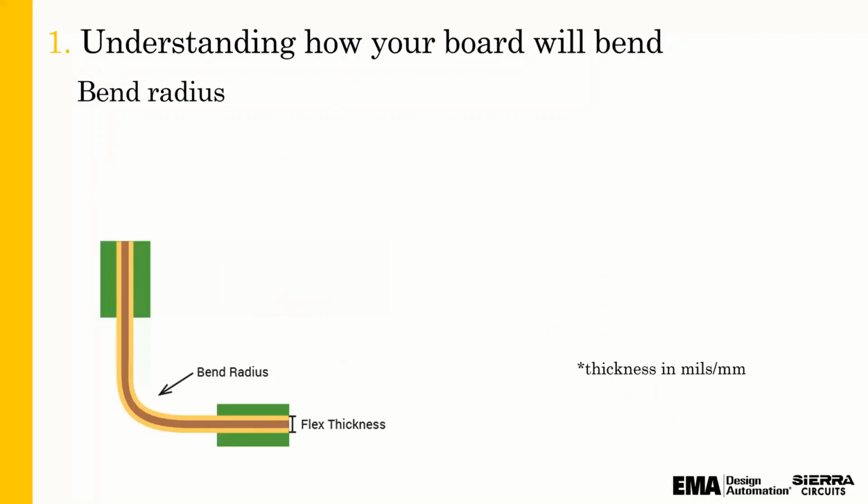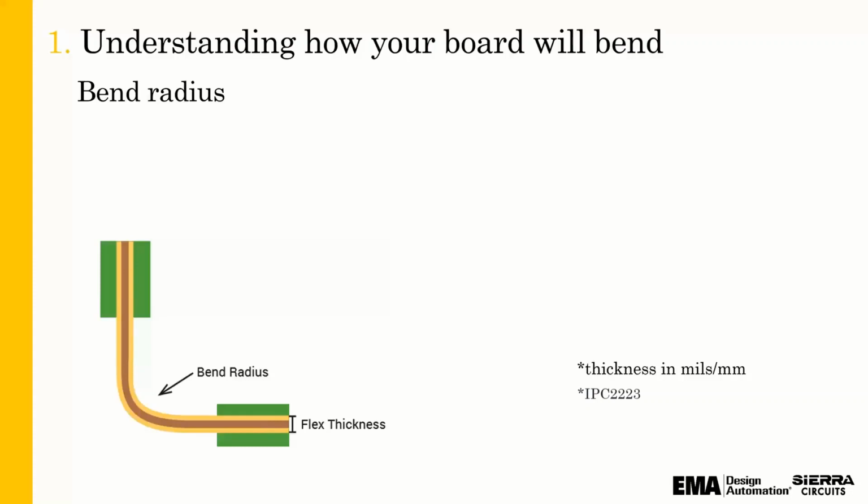So for a bend radius, it's basically the minimum amount of bend that you can deal with. So you want to make sure that you understand how many copper layers you have in your flex region that would then have to bend. So that's a super important point to be able to calculate your bend radius. And IPC 2223 specifies the standards of the bend radius. So take a look at that.